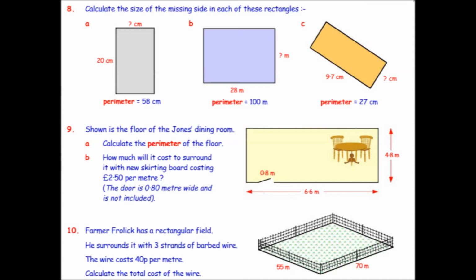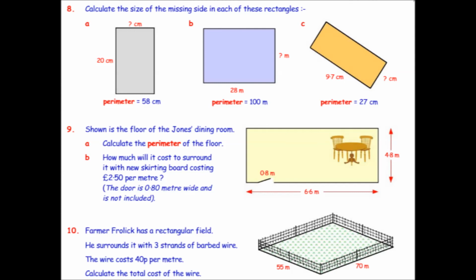9 and 10, we're moving on to more like word problems. So I'll read those out to you. And I'm not going to give you much help. So, shown is the floor of the Joneses' dining room. Calculate the perimeter of the floor. Okay, so you see the lengths, you know what the whole perimeter is.